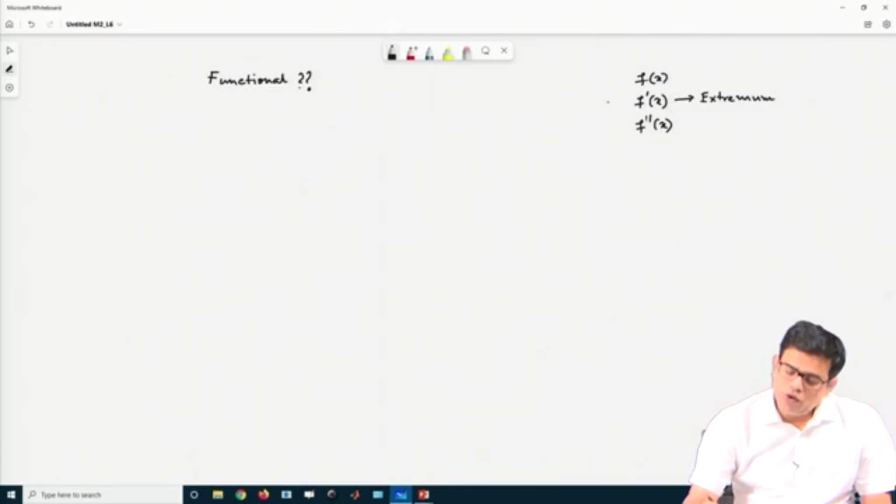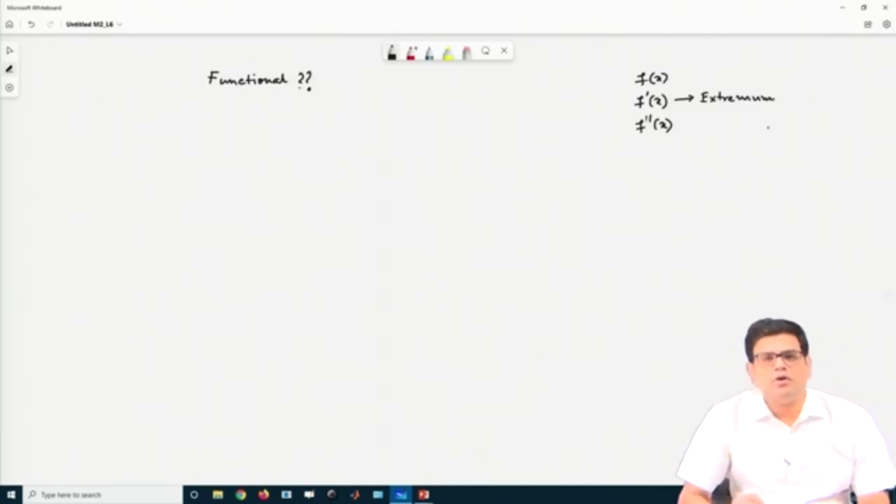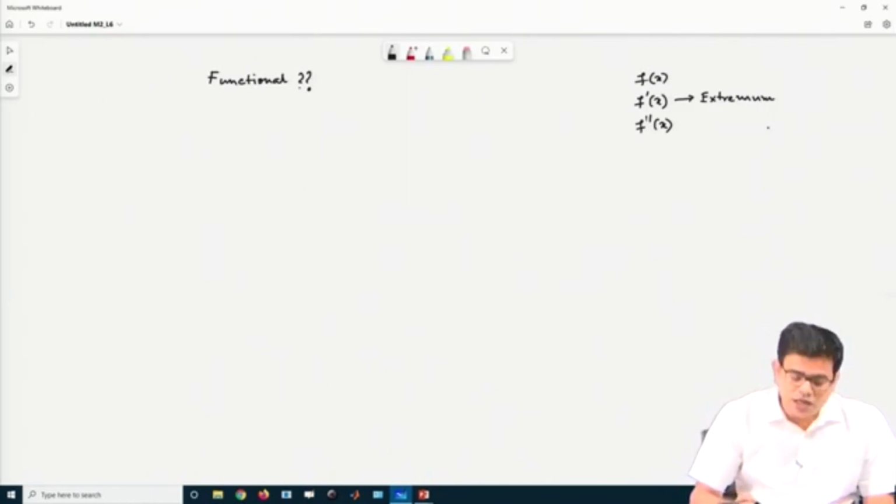So now we know almost everything about the function. Now what we will learn is what a functional is.